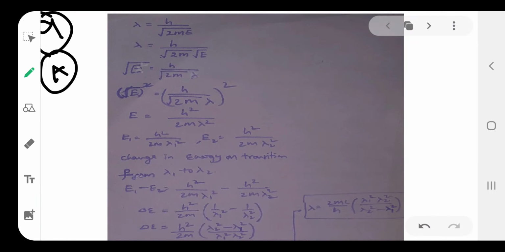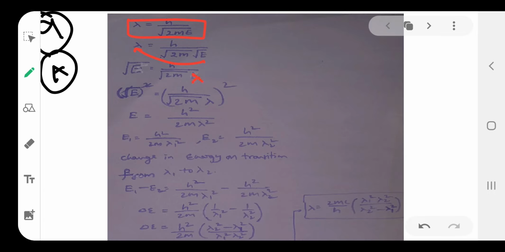For the lambda value, the formula relates wavelength and kinetic energy. Wavelength lambda is equal to h divided by under root of 2mE. Separating the under root, lambda is equal to h divided by under root 2m under root E. Then under root E is equal to h by under root 2m into lambda.